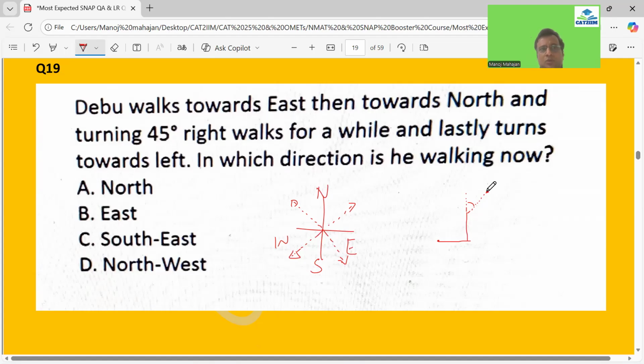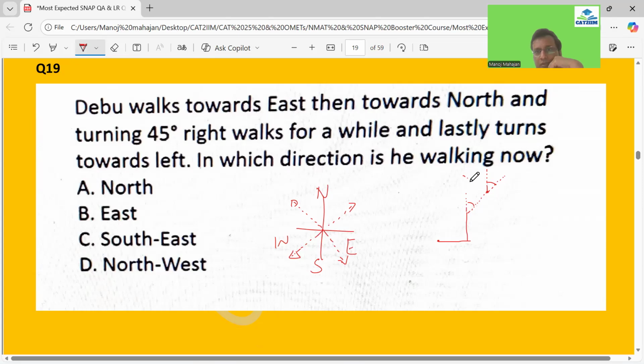And lastly, turns towards left. So remember, whenever they say a right turn or a left turn, it would be a 90-degree turn. So right would be clockwise, taking a 90-degree turn, and anti-clockwise would be 90-degree left, right. So if you look over here, 90-degree, if I turn over here, this would be 45.